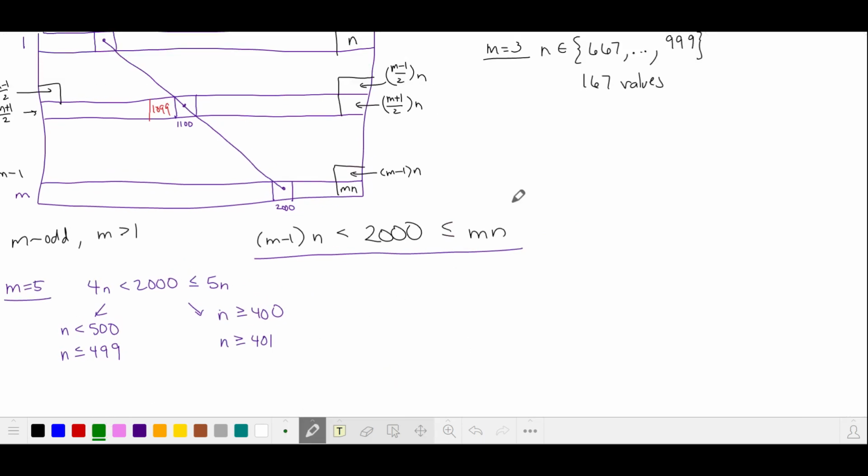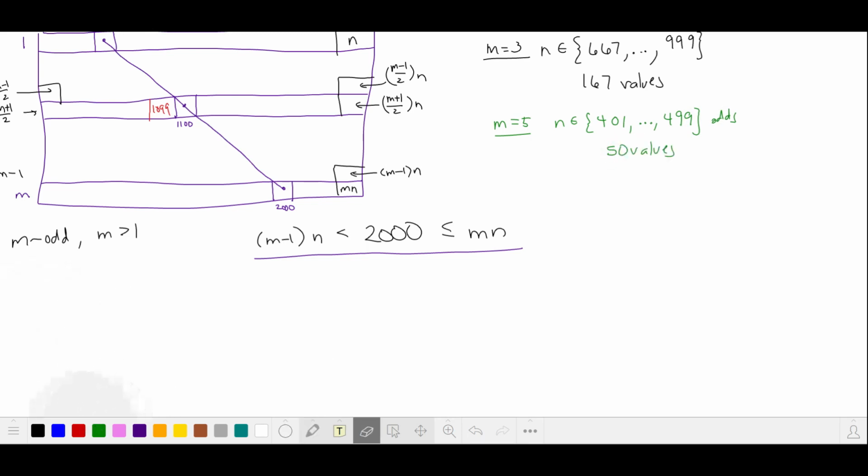So let's put that up here. m is equal to 5. n is in the set of odd numbers from 401 to 499. These are the odds only. So that is 50 values.